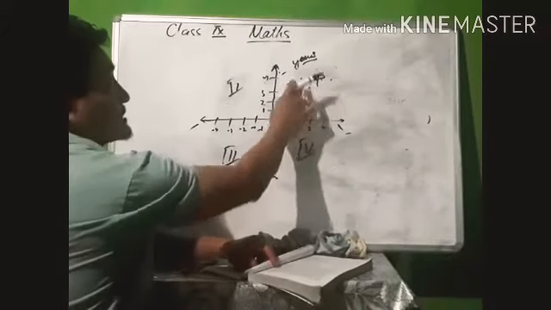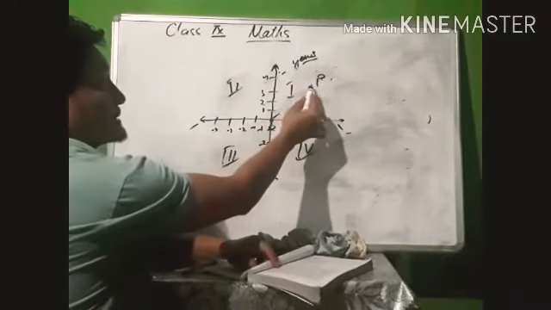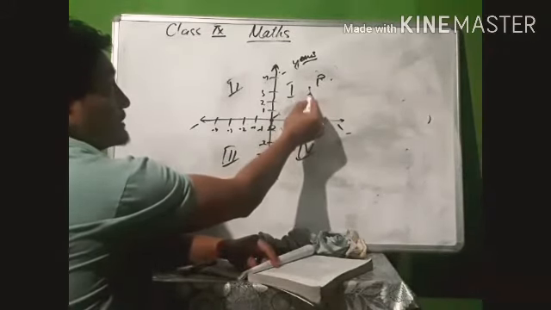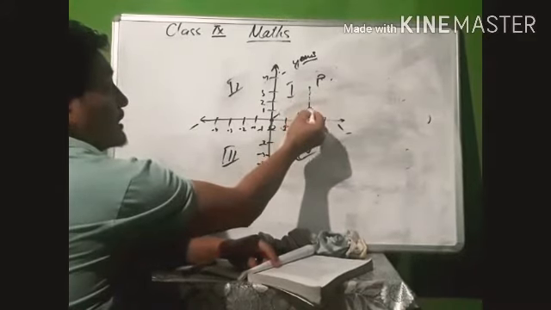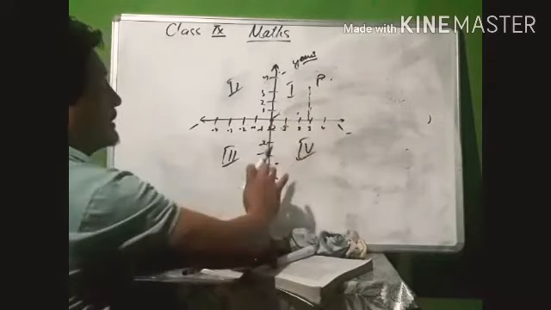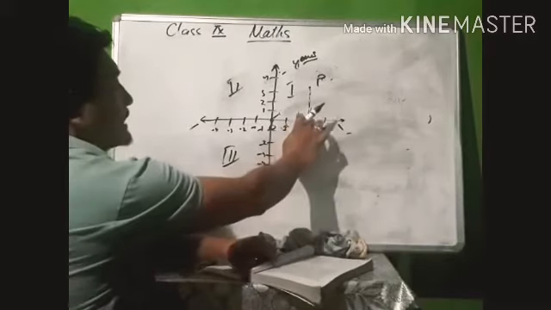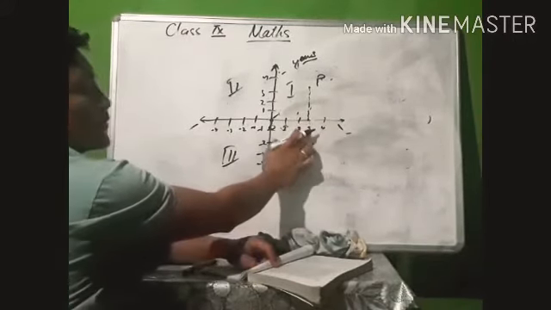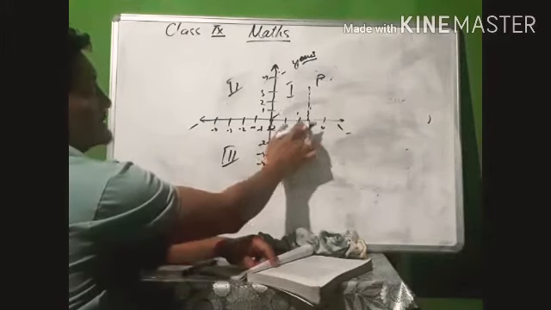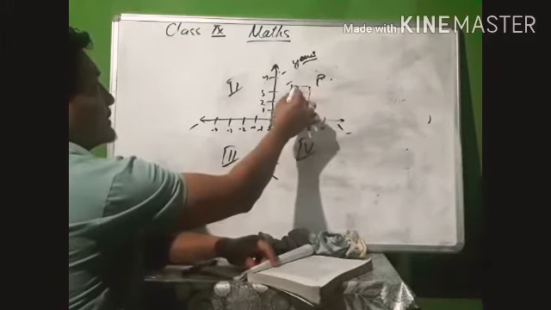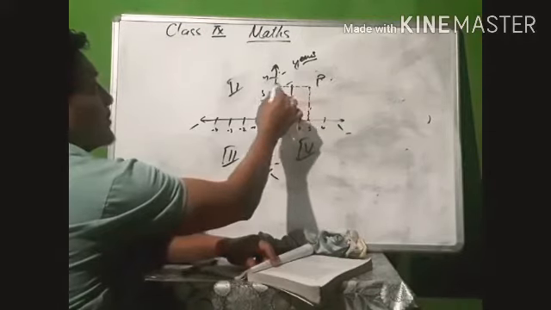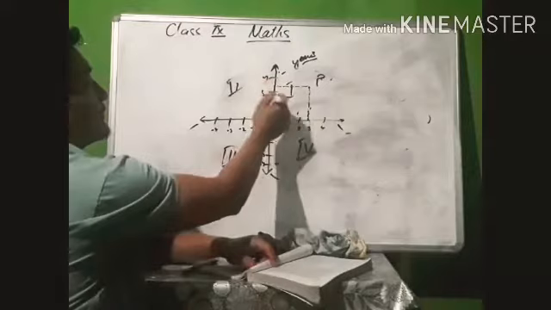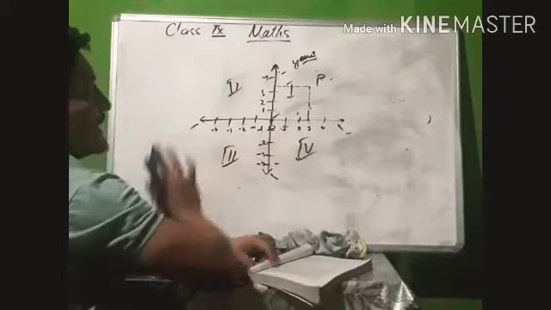See, this is the point that we are talking about, and it is lying in quadrant number 1. As you move this line, let this line join coordinate 3 of x-axis, and let this point fall in between 3 and 4 of y-axis.